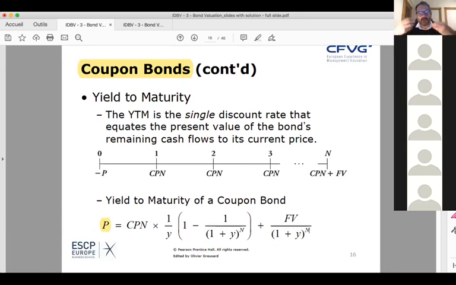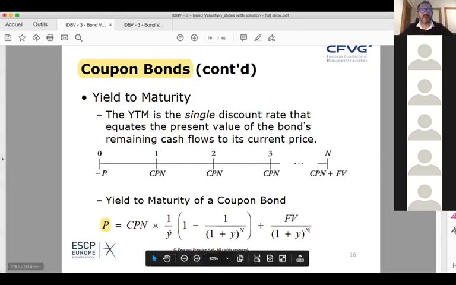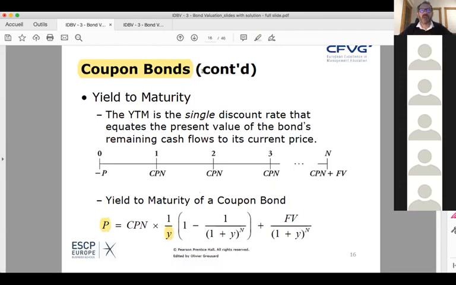The internal rate of return, which is the real return of an investment, is here called Y in the formula. We can see it, Y. Just for us to remember. Any question about this?